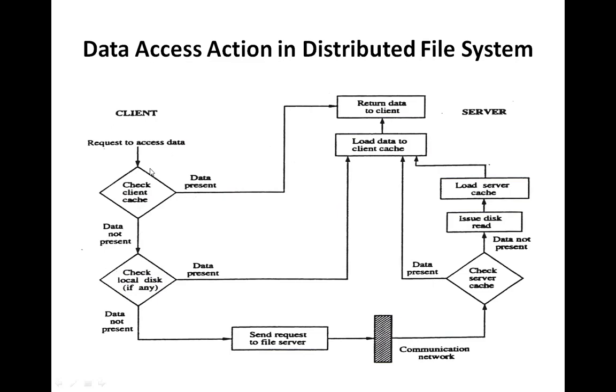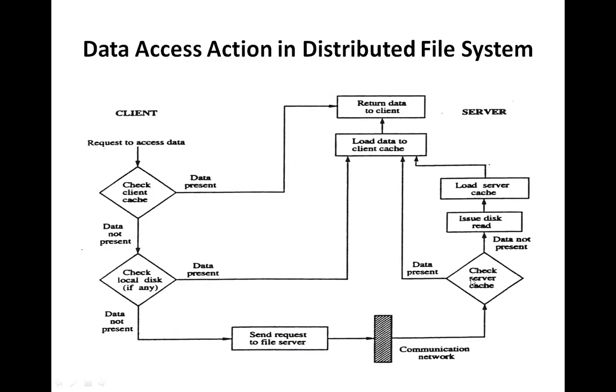But if it is neither present in the client cache nor present in the local disk of the client, then it will send its request to the file server. At the file server, first of all, through the communication network, the request has been sent. The server is going to check its cache for the data which the client requires.